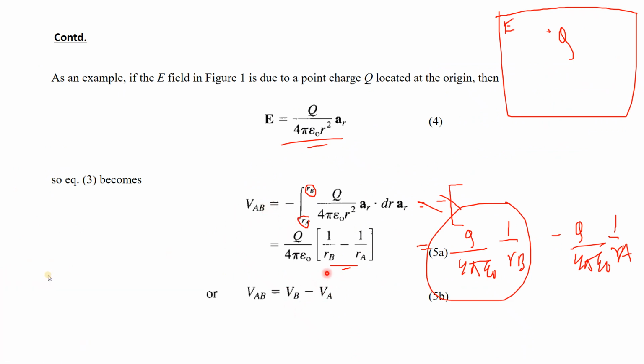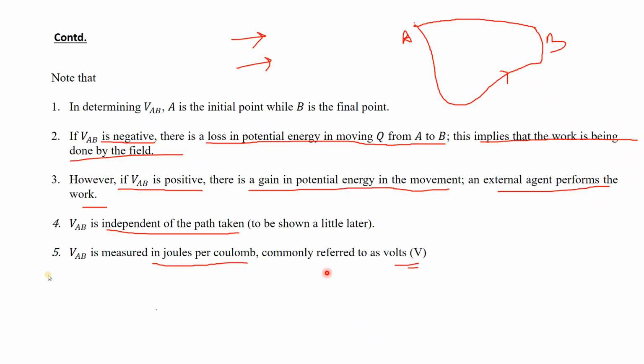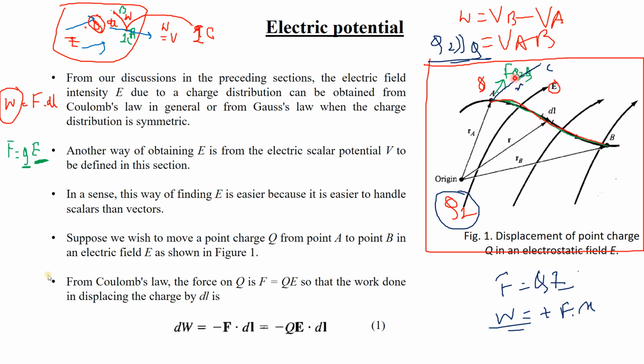Okay, so there is the expression which shows that yes, VAB is actually the potential difference, because I was telling you from the beginning that VAB is the potential difference, but why is it like that? Because the question may arise that if there is a charge at point A, there is a potential at point A, and if there is a charge at point B, there is a potential at point B. If I want to bring the charge from A to B, then I have to do some work.